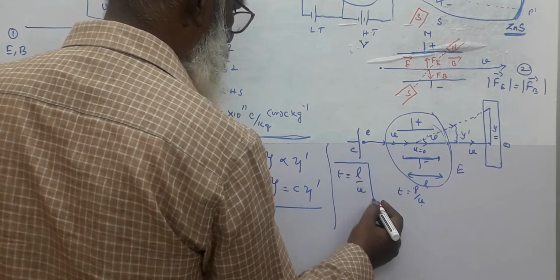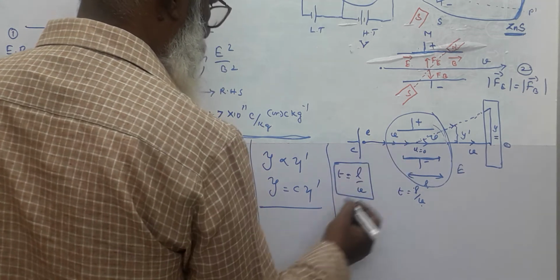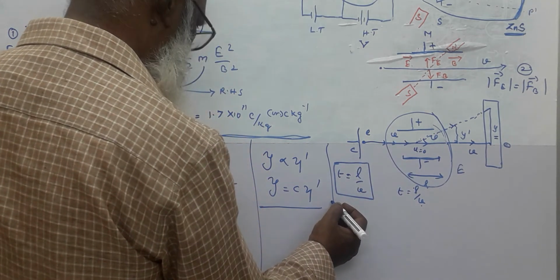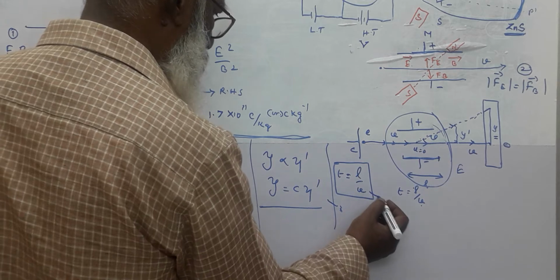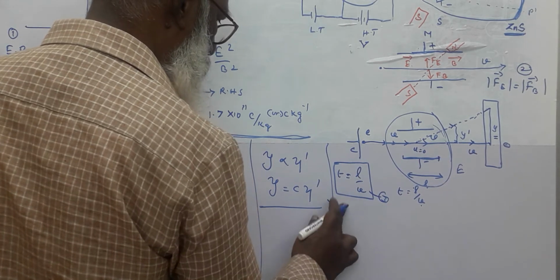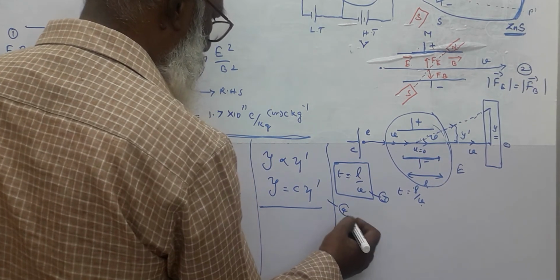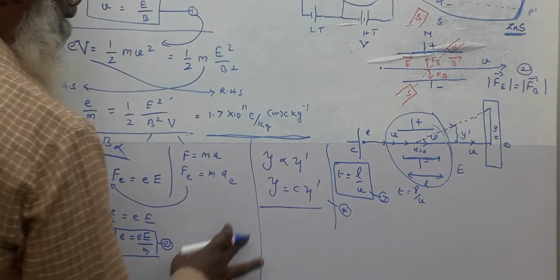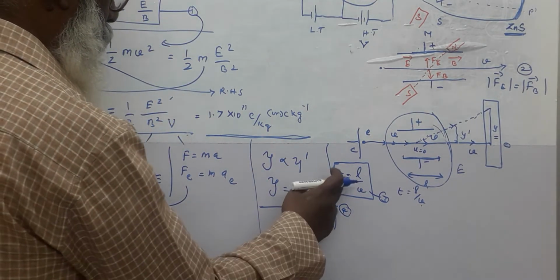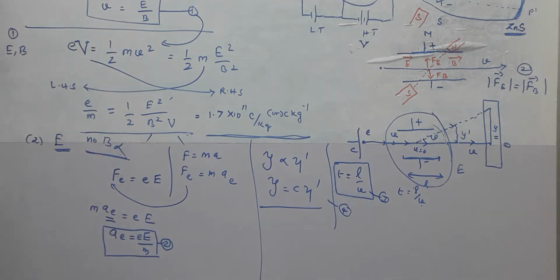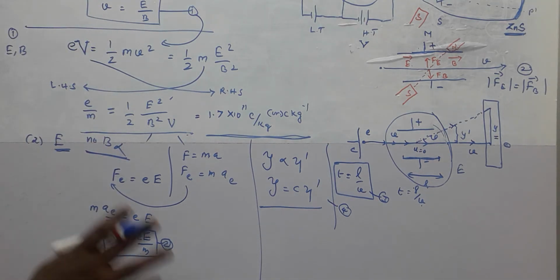These two equations we have determined. This is called third, this is called fourth. We have to determine the value of y equal to c y dash and t equal to L by v. Are you clear?